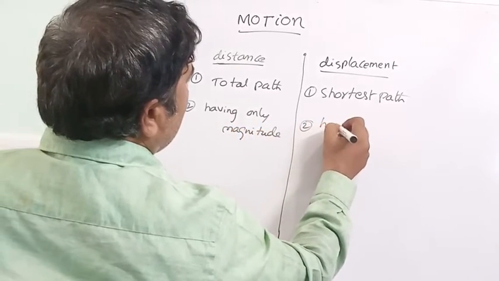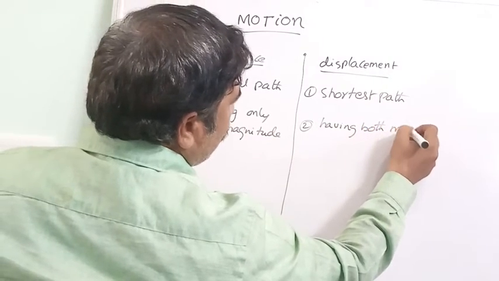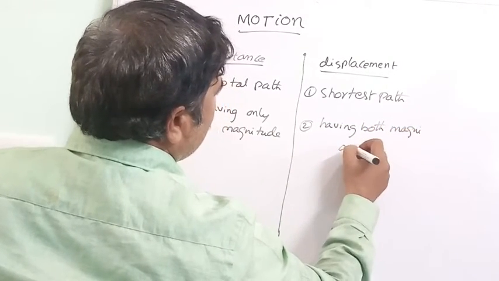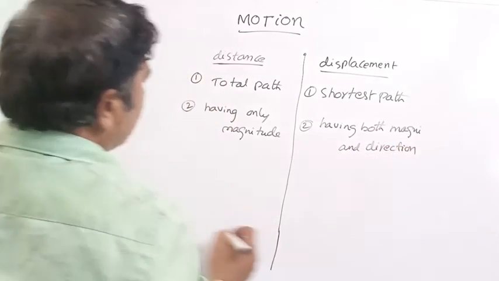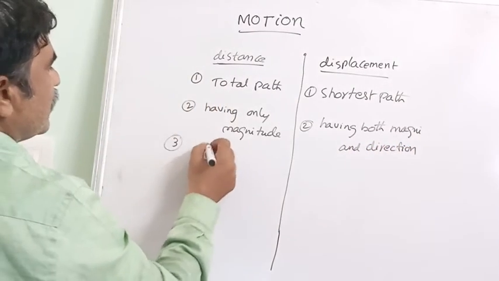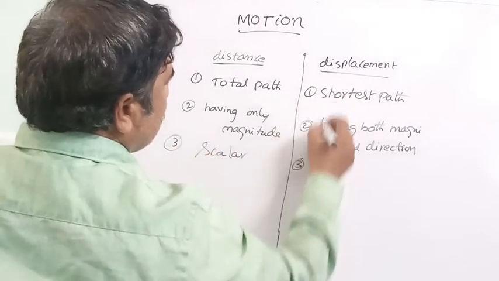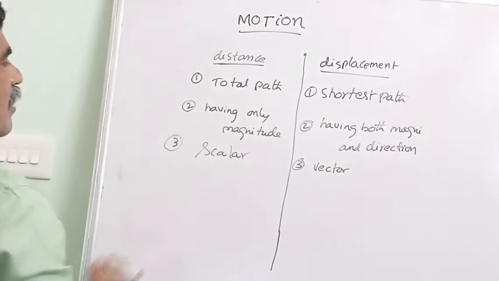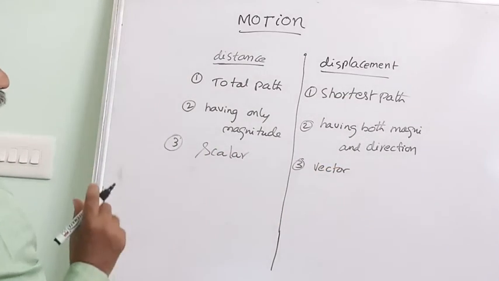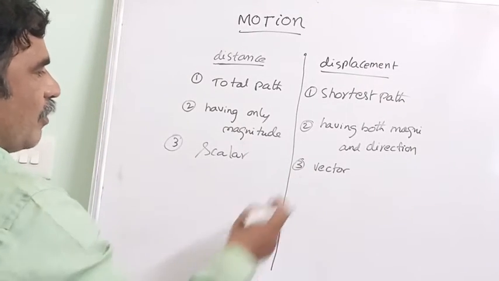Displacement has both magnitude and direction also. Therefore, only magnitude means it is a scalar quantity. Displacement is a vector quantity. That means scalar means only magnitude, that is value. Vector means value plus direction.